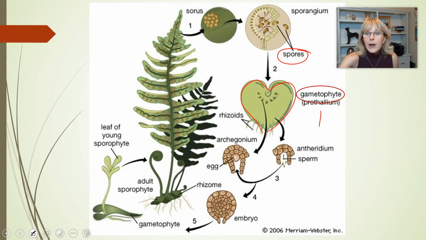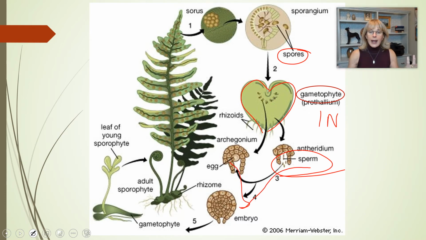They are haploid, right? The gametophyte generation is always haploid, and it is going to make eggs and sperm, and the sperm swim just like they did with the moss, and they will swim over to find an egg, and then they will make a tiny embryo. So this thing here, let me outline it. That was the gametophyte generation.